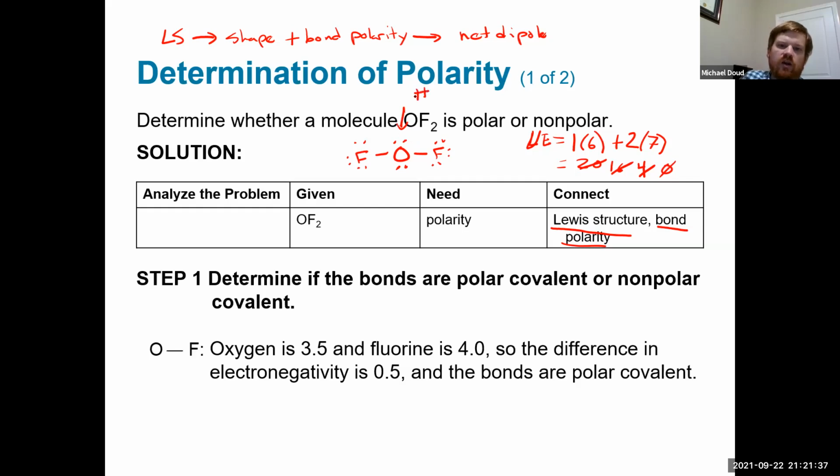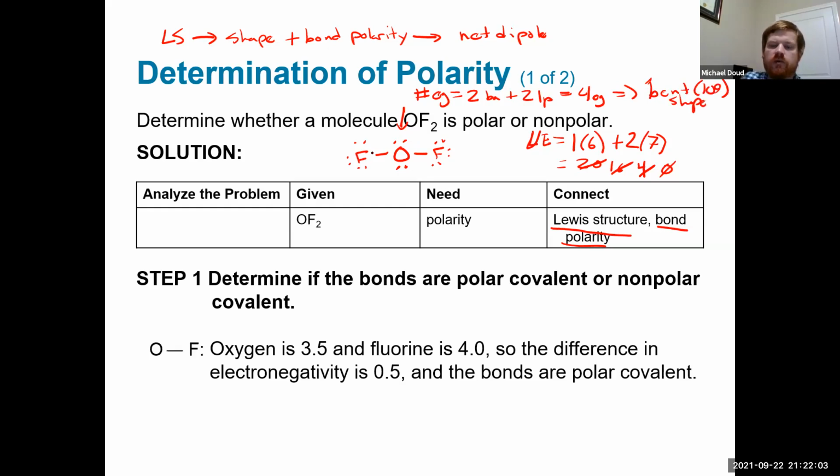Well, count up your electron groups. We know that we have, for oxygen, 2 bonded atoms and 2 lone pairs. So 4 total electron groups is a tetrahedral electronic geometry. 2 bonded atoms plus 2 lone pairs tells us that we have a bent shape. It's a bent 109 shape.